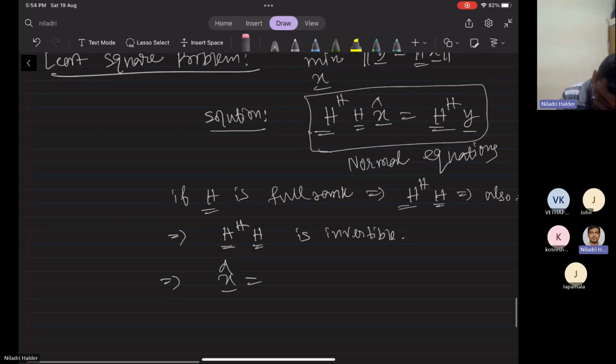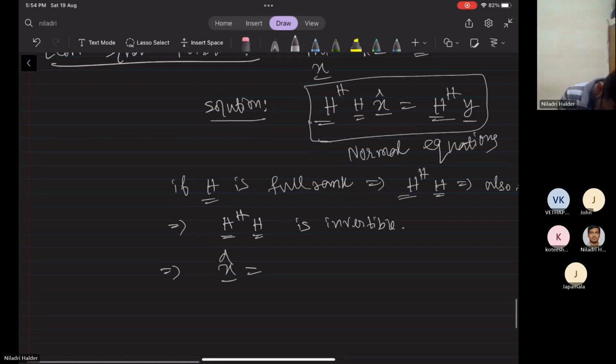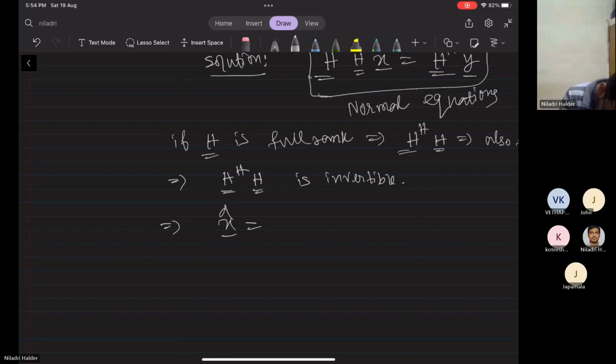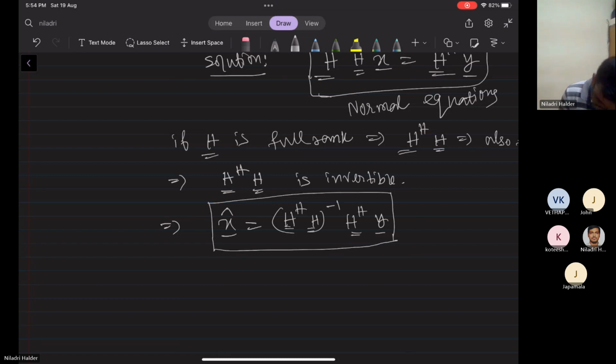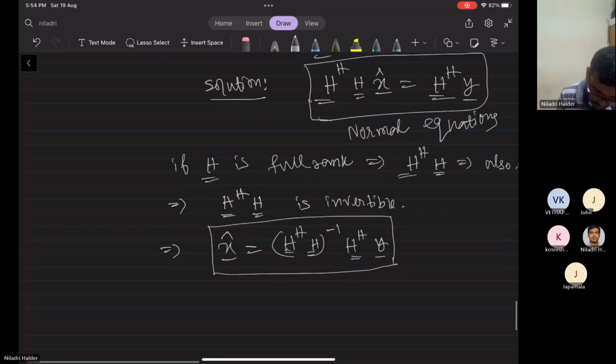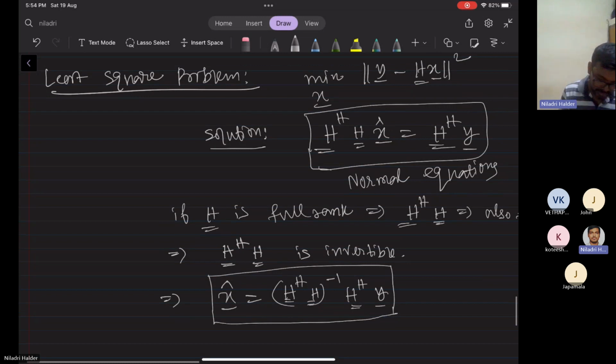This is the x hat. x hat equal to H Hermitian H inverse H Hermitian y. Okay, so this is the least square problem.